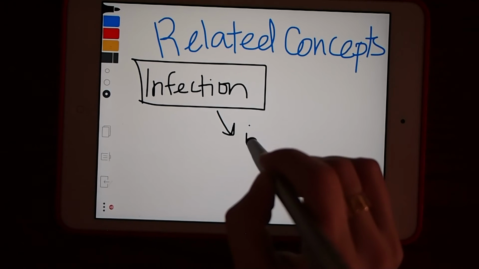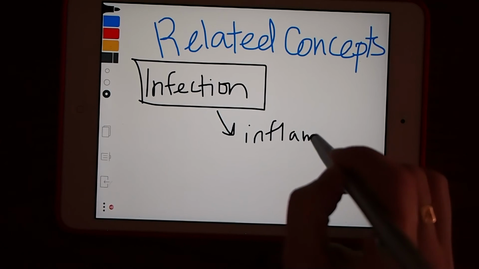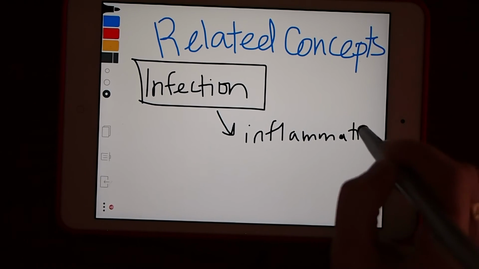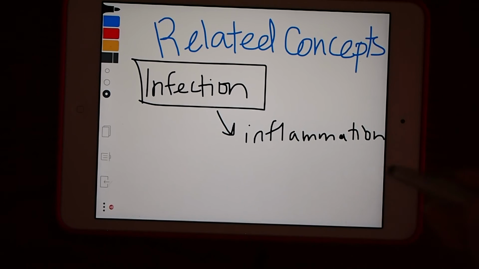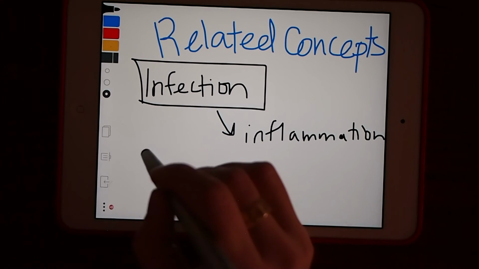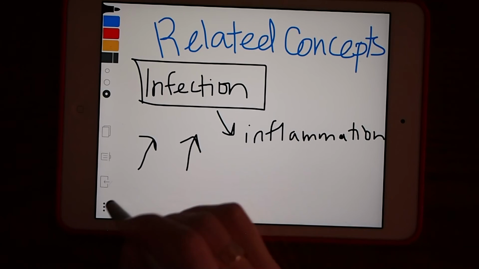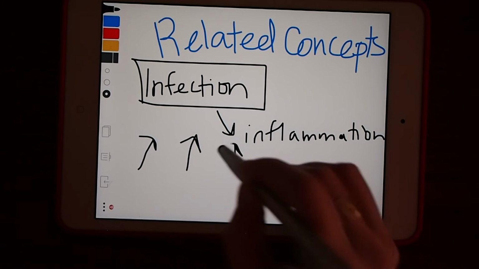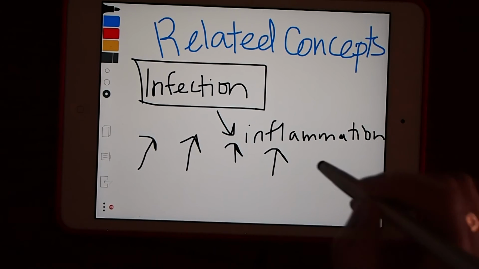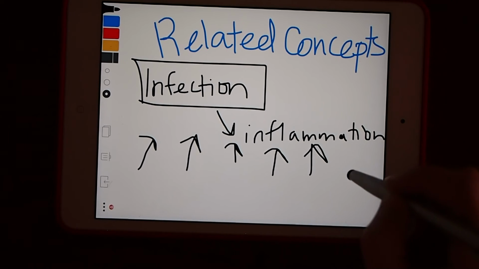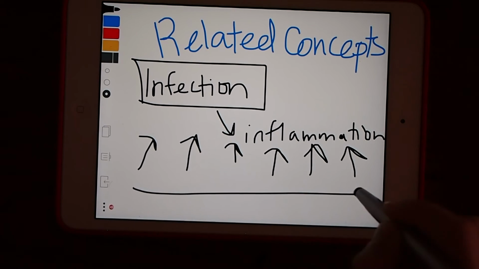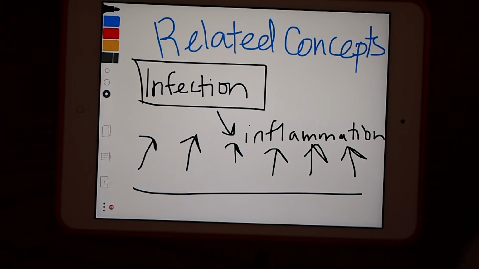Close with infection is inflammation, which is common in hepatitis, as you would see from the root of the word. But also related to these are nutrition, tissue integrity, sexuality, immunity, and stress and coping. All of those things go together well with infection, especially for hepatitis.